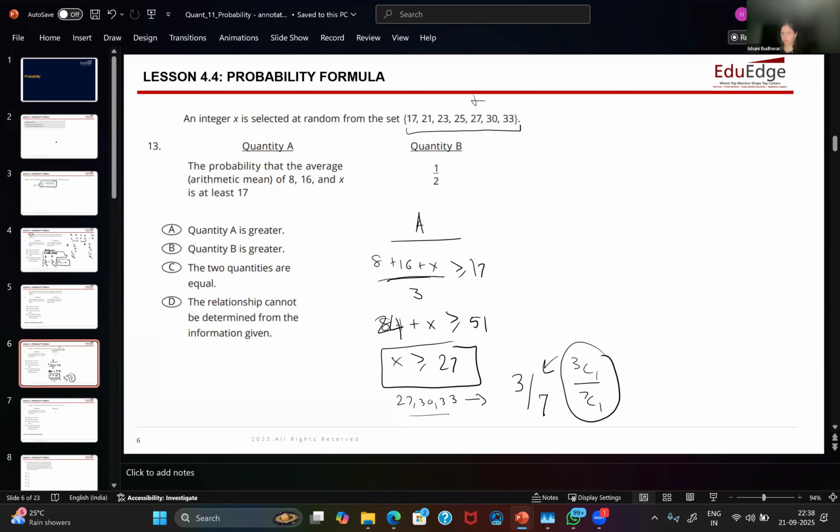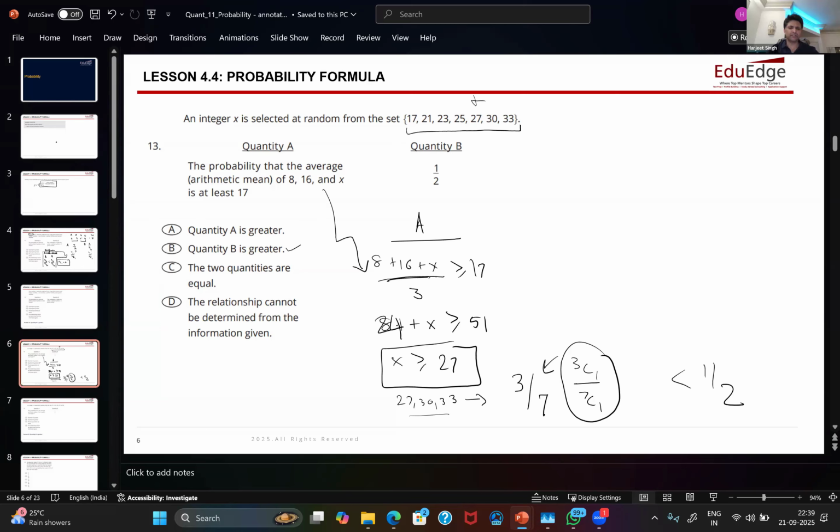And 3 by 7 is less than half. So answer is B. So this problem combined averages and probability, and also algebra, because you had to set up the word problem in the format of an inequality. So 3 concepts tested together.